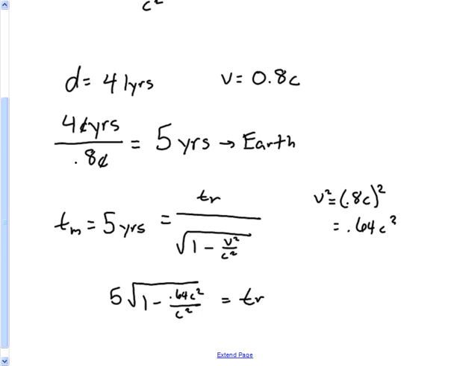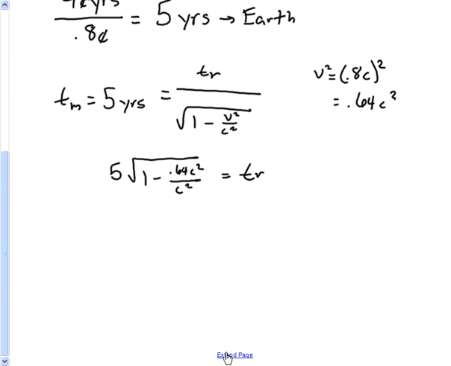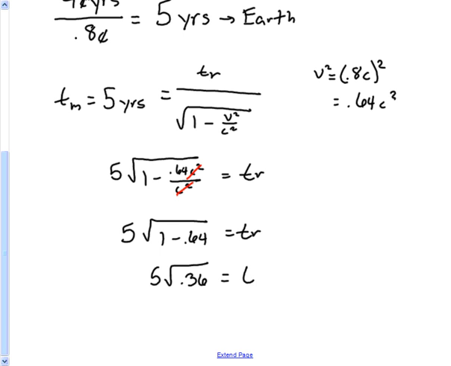Okay, so let's extend the page a little bit. Remember that you can always pause, rewind, or rewatch. We can see that the c squareds cancel out, and we're left with 5 times the square root of 1 minus 0.64, which equals TR. Continuing on, we have 5 times the square root of 0.36 equals TR.